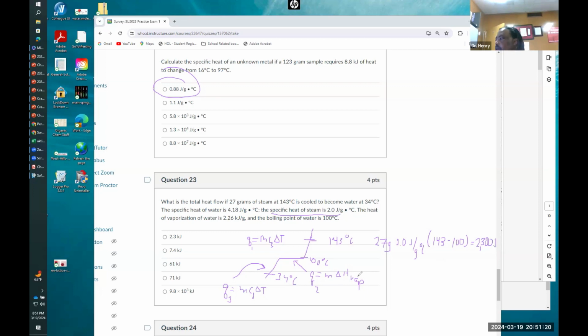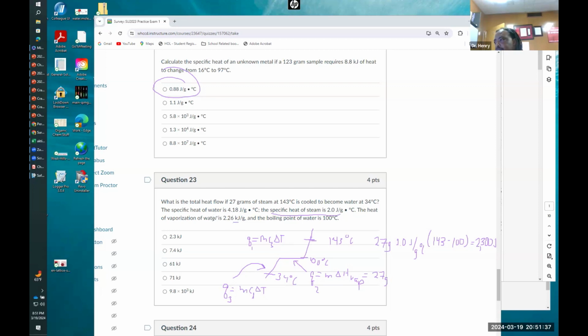Here, this one is going to be 27 grams times our heat of vaporization. Now, this is in kilojoules, so we should change that to joules.